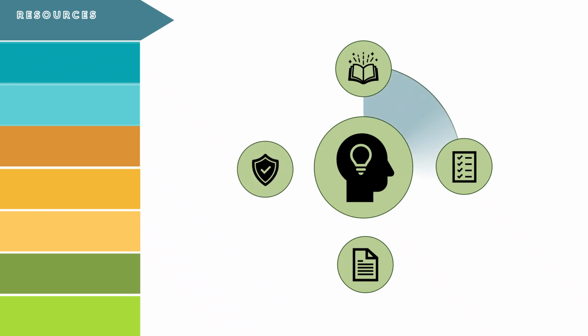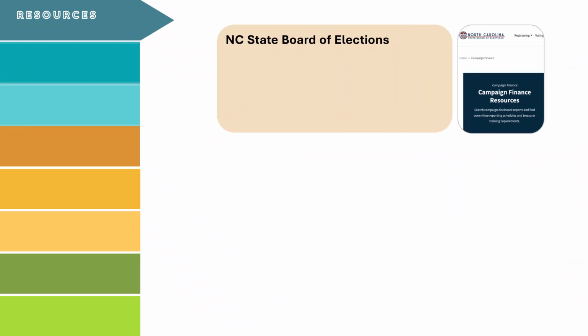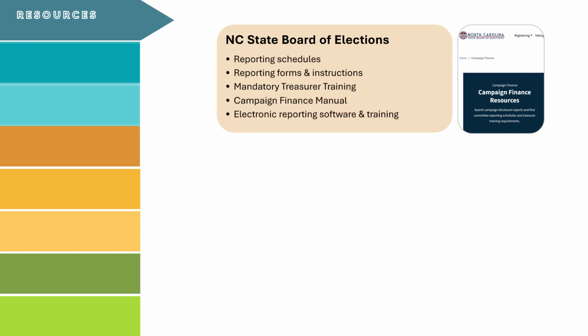When it comes to understanding campaign finance, you're not alone. There are some great resources to help candidate committees stay informed and compliant. The NC State Board of Elections website is your go-to for campaign finance resources like reporting schedules and forms, videos, treasurer training, the Campaign Finance Manual, and electronic filing tools.